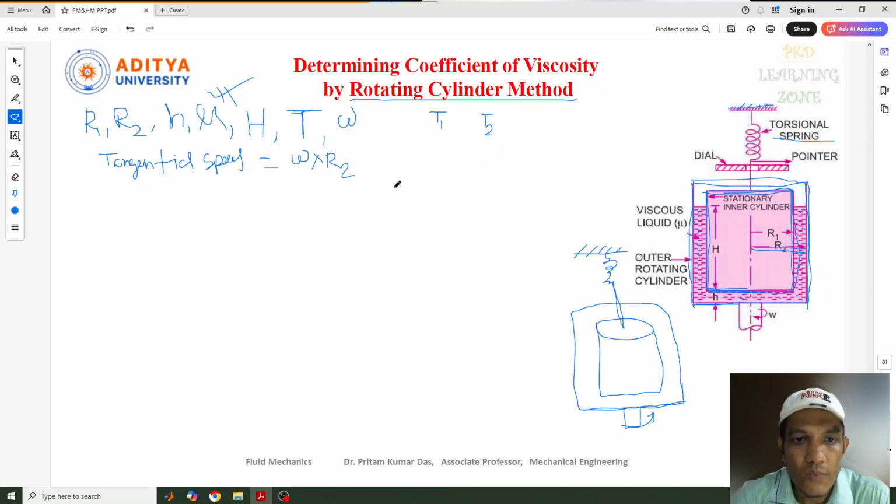Now the tangential speed I have written as omega into R2. And next we can write the tangential velocity of the liquid layer in contact with the outer cylinder. The tangential velocity of the liquid layer in contact with the outer cylinder will be equal to the tangential velocity of the outer cylinder.